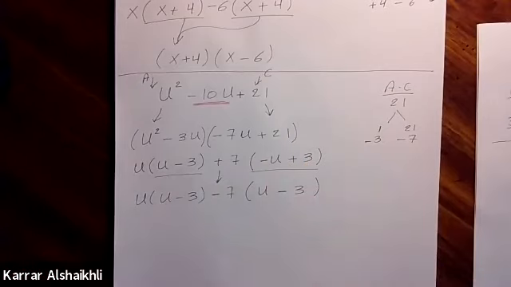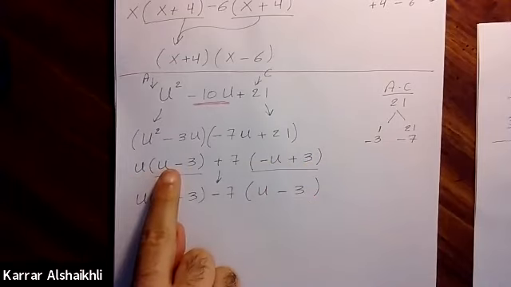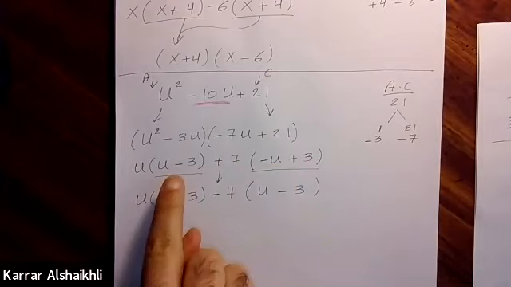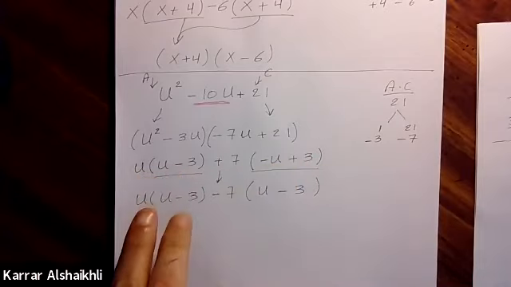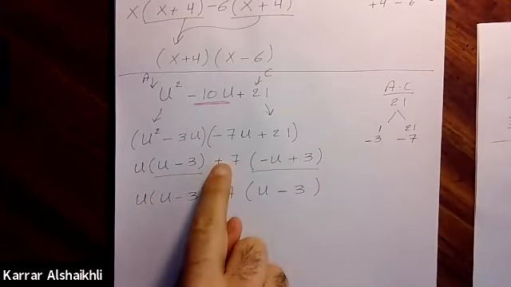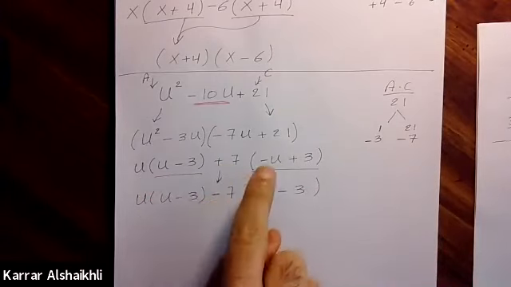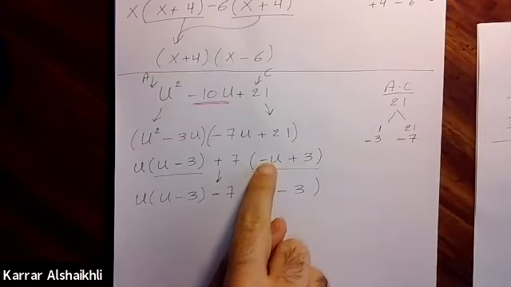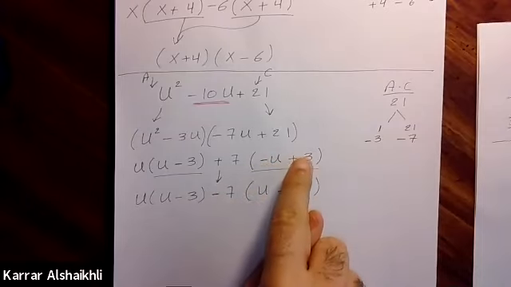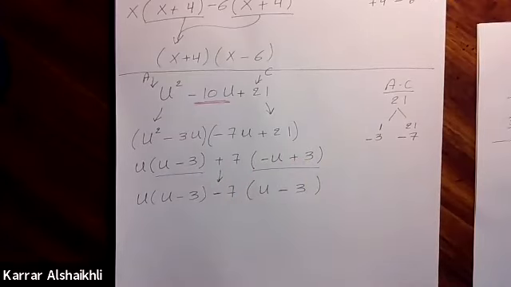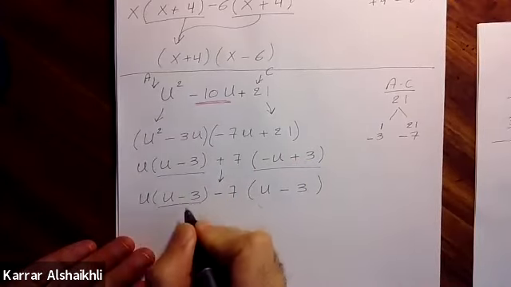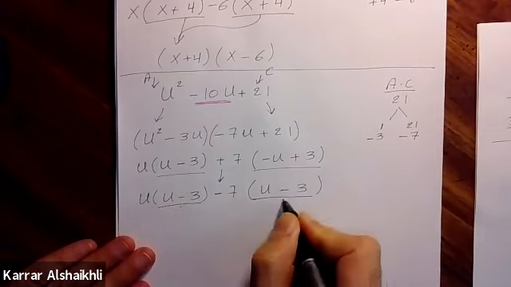So every time you're doing the right steps and you find that you have totally different parentheses with different signs, write down the first one, change the sign from positive 7 to negative 7, from negative u to positive u, and from positive 3 to negative 3. Now, if you check the parentheses, they are exactly the same.